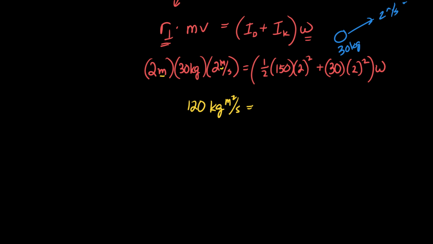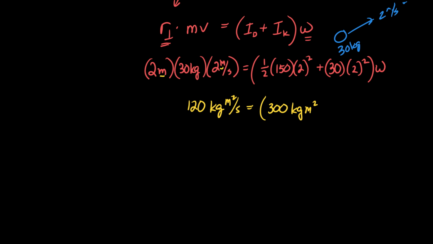1/2 times 150 times 2 squared is just 150 times 2, or 300. And that unit is kilograms meters squared. Right, 150 kilograms times 2 meters squared.